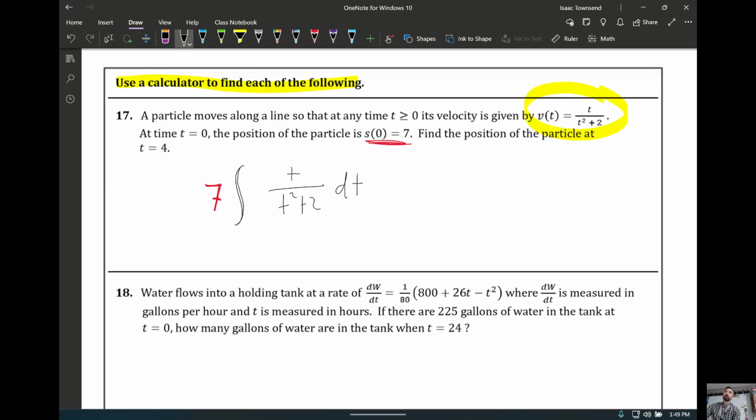Now, some of your thought process needs to be about the bounds. Sorry, this is not 7. This is 7 plus the integral. What do you think I want the bounds to be? 0 to 4. We know the value at 0. We want the value at 4. So, in my opinion, you really, really need to emphasize this structure in your head.